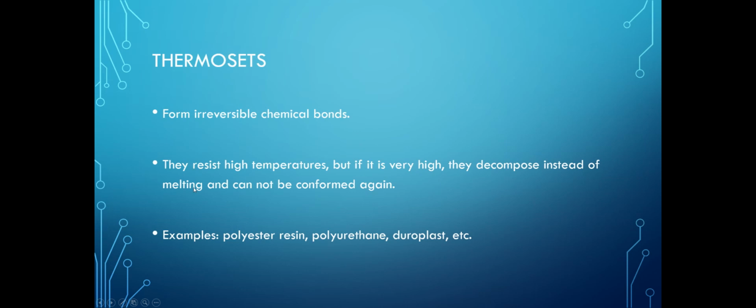They become like dust and are useless in that state. So they resist very high temperatures, but once they pass a certain point, they become useless and they decompose. Some examples are polyester resin, polyurethane, and duroplast.